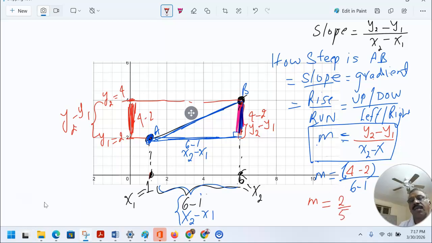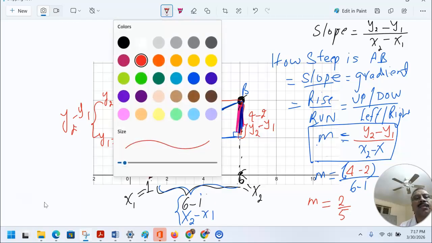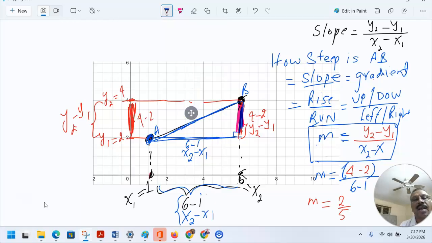What does this basically mean? For every 5 runs, starting with point A, you move to the right 1, 2, 3, 4, and 5. So you move 5 right, and then you go up.